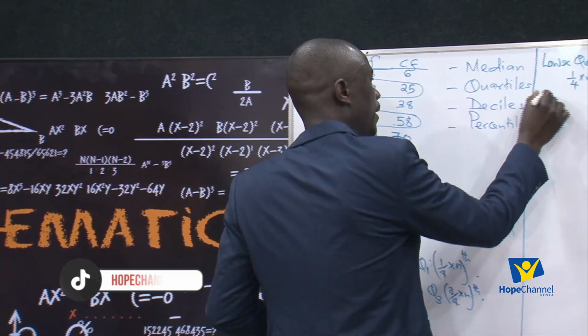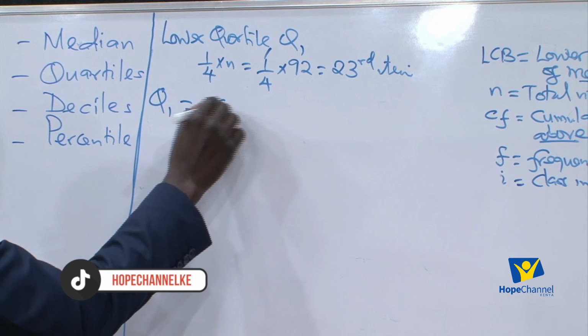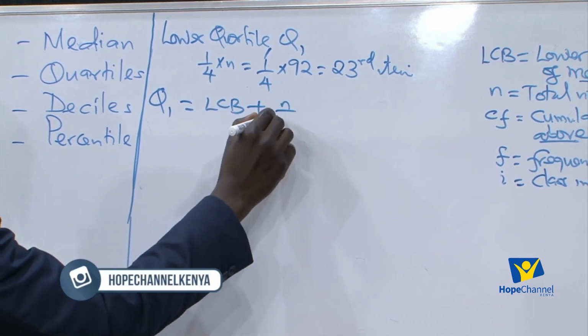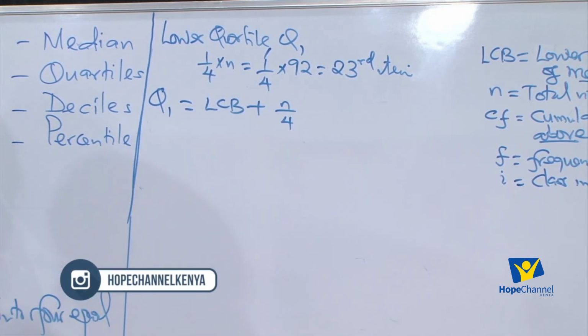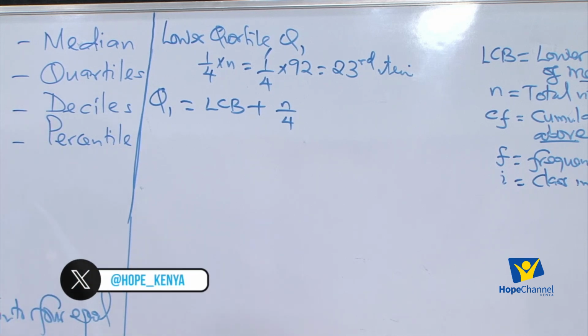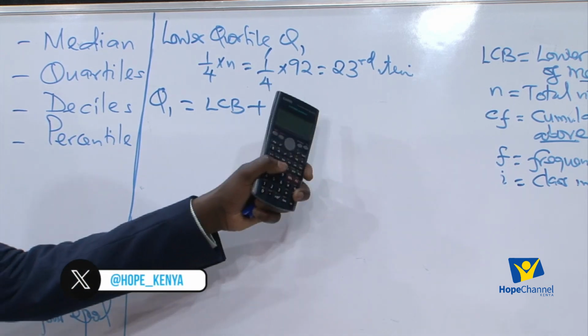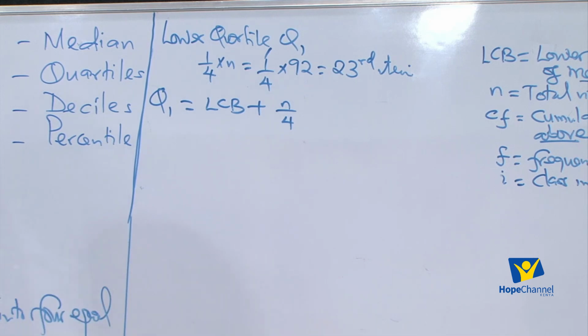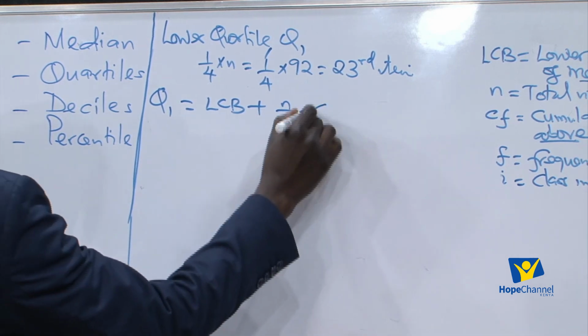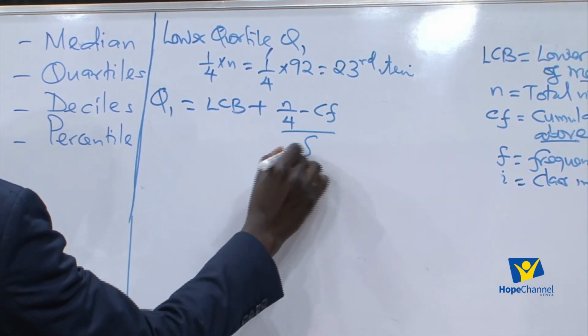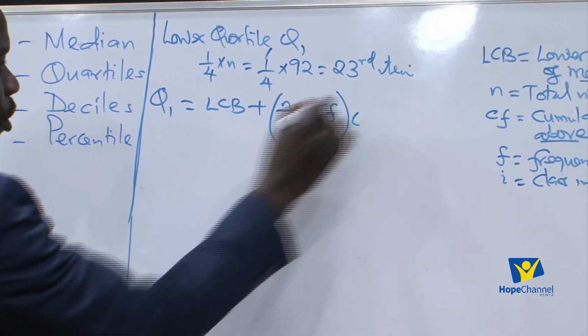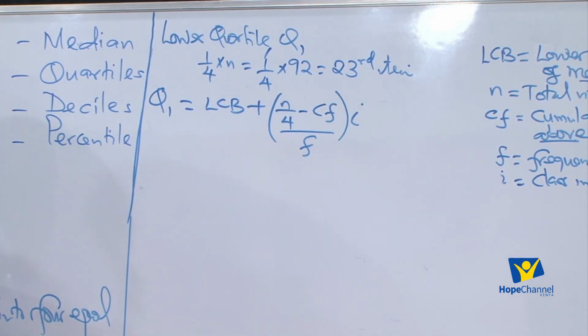So Q1 is the lower class boundary plus, and in the formula for median you say n divided by 2, but now it is n divided by 4. That's the only thing that changes in that formula.